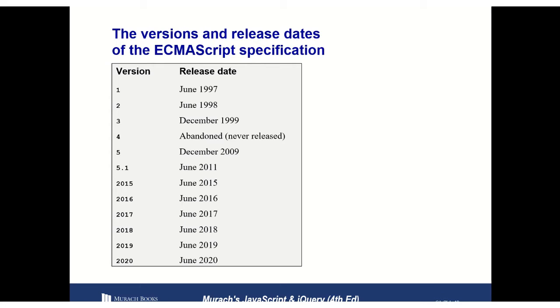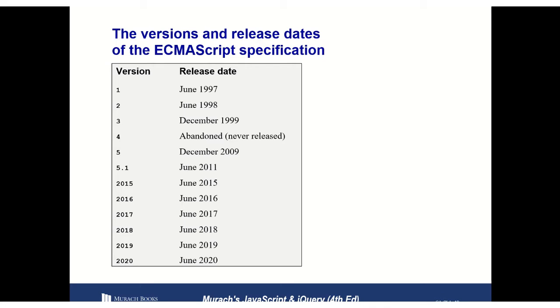Since then, several versions have been released as shown in this picture. So you can see the evolution of JavaScript. In June 2015, for example, they released the sixth version of the ECMAScript, or ES, specification, and at the same time the committee in charge of the specification changed how it would release new versions going forward.